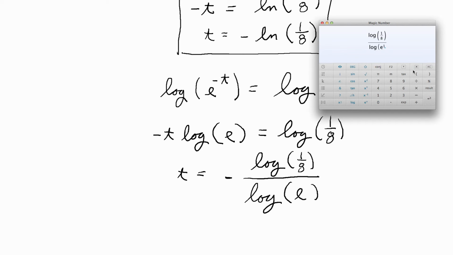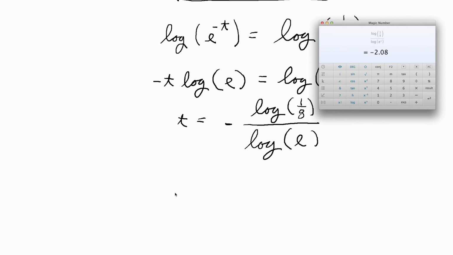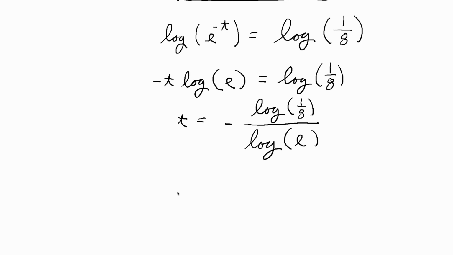This is looking very odd, but this is what we get. The answer is going to be the negative of what I have here, so I hit enter and I get negative 2.08. So the answer is actually 2.08. After about 2 years, the approximate solution is t equal to 2.08, so you'd have to wait a little over 2 years.